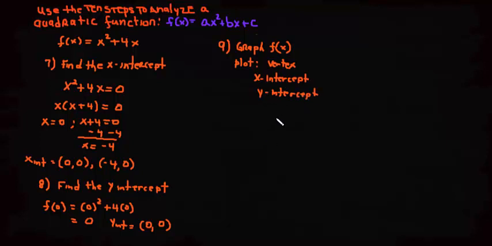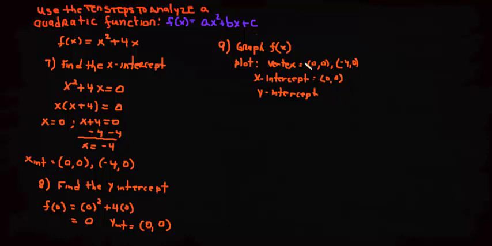So when we do this, what do we have? We have this is going to be 0, 0. This is going, and also negative 4, 0. This is going to be 0, 0.